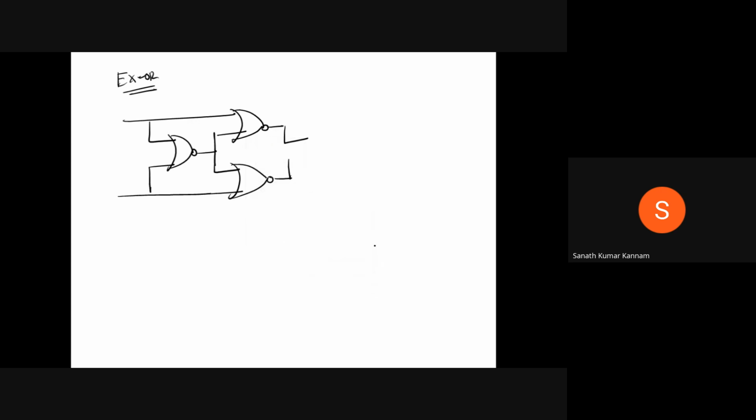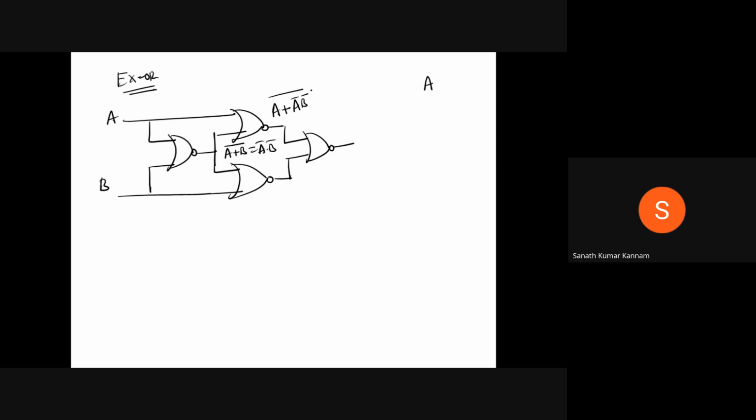Here, this is one more NAND gate. So this is (A or B) whole bar, which is equal to A bar B bar. This is nothing but A or (A bar B bar) whole bar, so you have the absorption law.